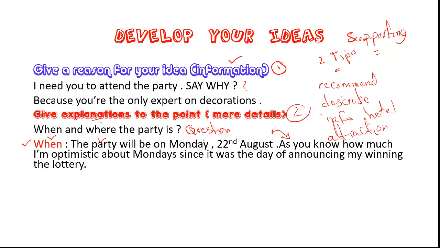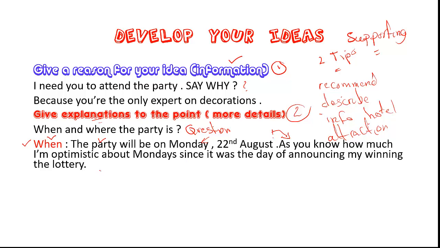Here the student told us why he chose Monday exactly by giving us some detail about when the party will be, that he is hopeful and optimistic about Mondays. Why is he trustful of Mondays?